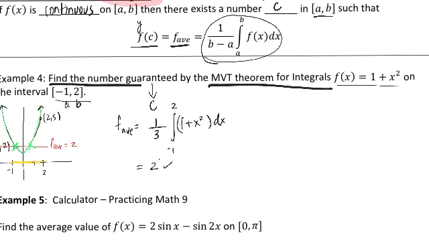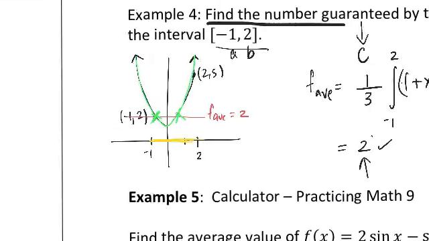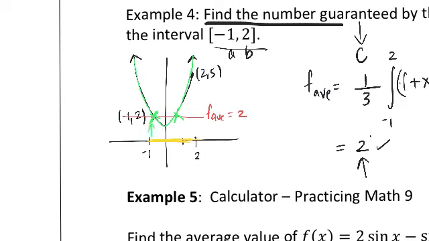So we simply take the function equation, and we say 1 plus c squared is equal to 2, right? I'm calling my x that I'm going to be solving for c, and I'm using this average value here, f average. So then I just solve this. c squared is equal to 1, c is equal to plus or minus 1. So we're saying that at these two places, at x equal to -1 and at x equal to 1, the function y value is exactly equal to the average value.